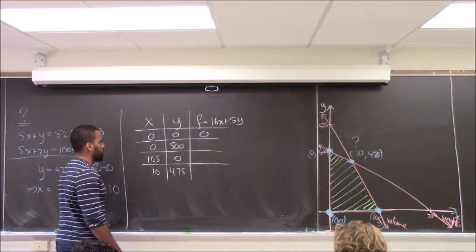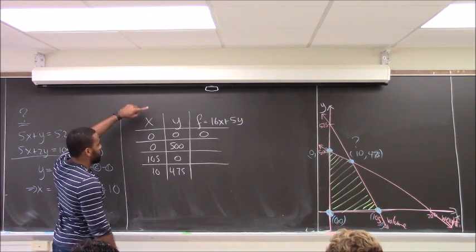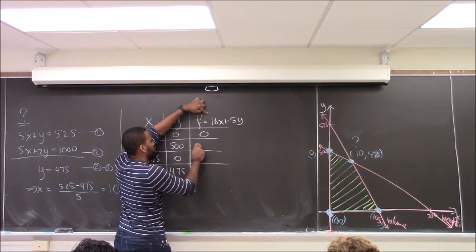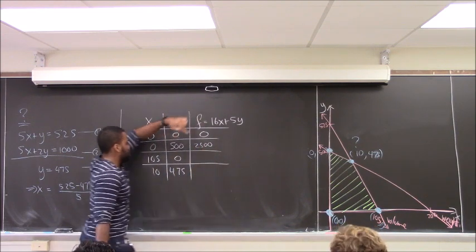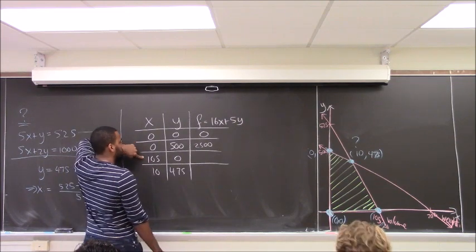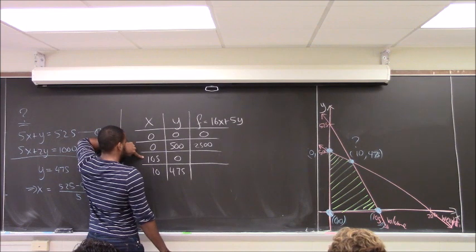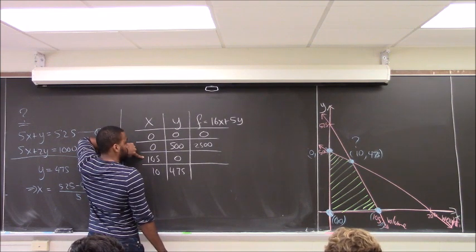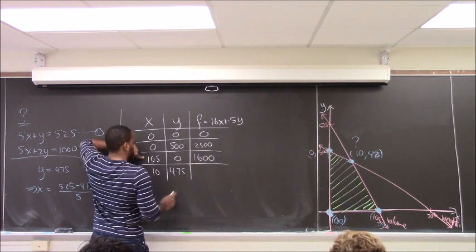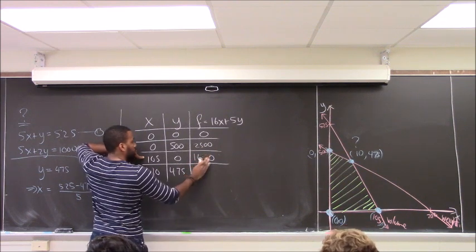So we're going to plug those into the equation. We have 0 plus 5 times 500, which is 2500. Or we can have 16 times 105 plus 0, which is 1680.